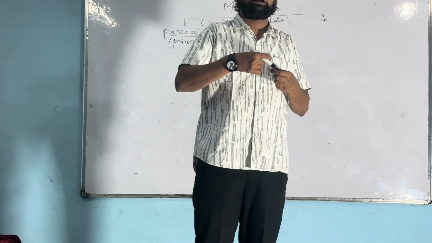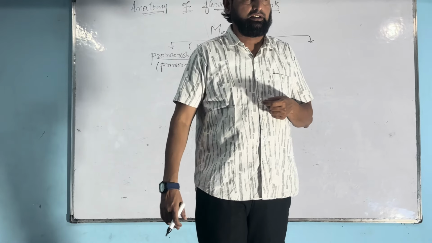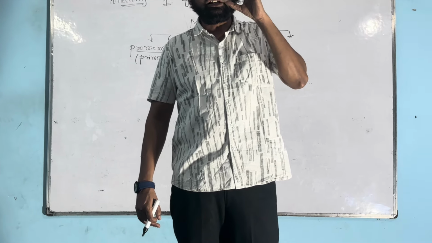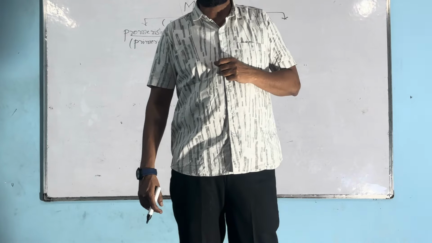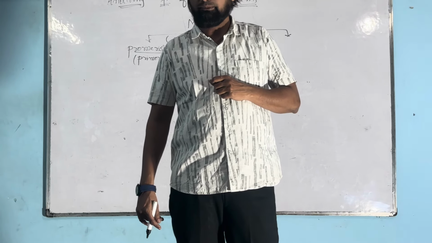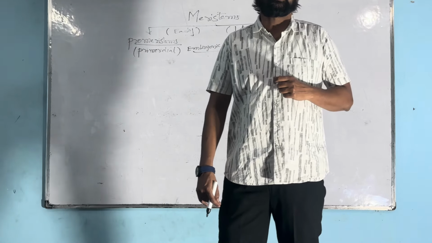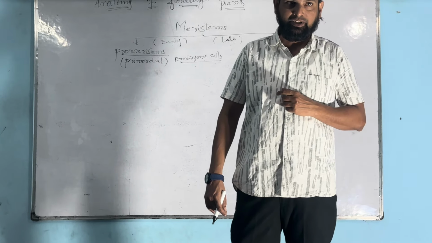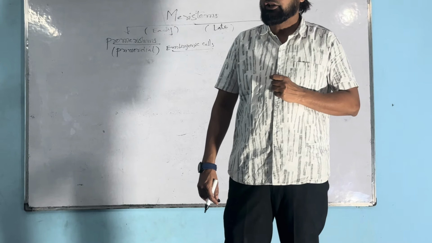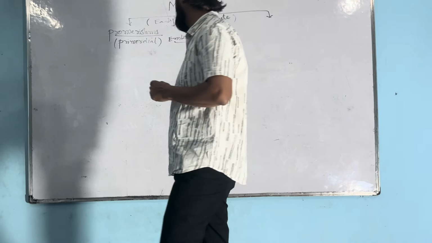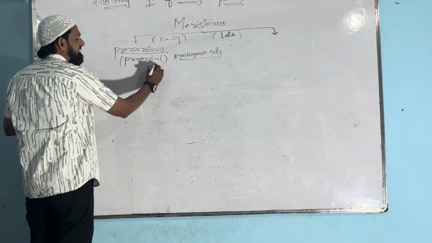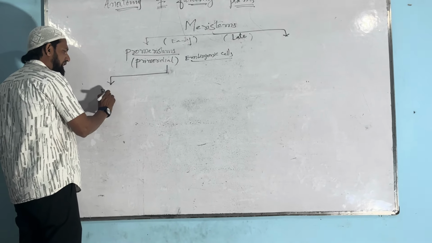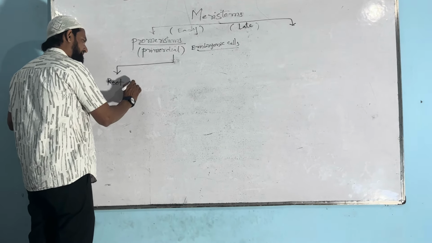When a farmer sows the seeds into the field, the seed contains the radicle and plumule. I think you know that the radicle gives rise to the root tip and the plumule gives rise to what? The shoot tip. So please concentrate. Here the promeristems give rise to the root apical meristem.